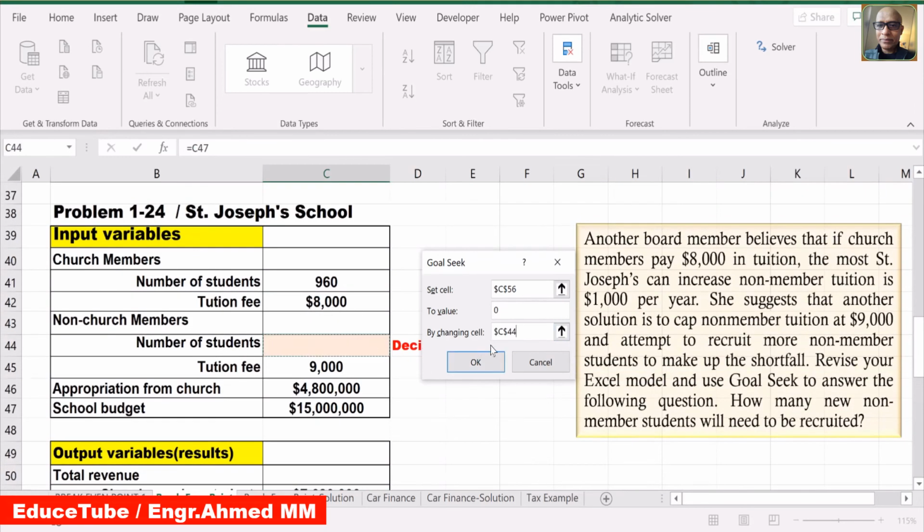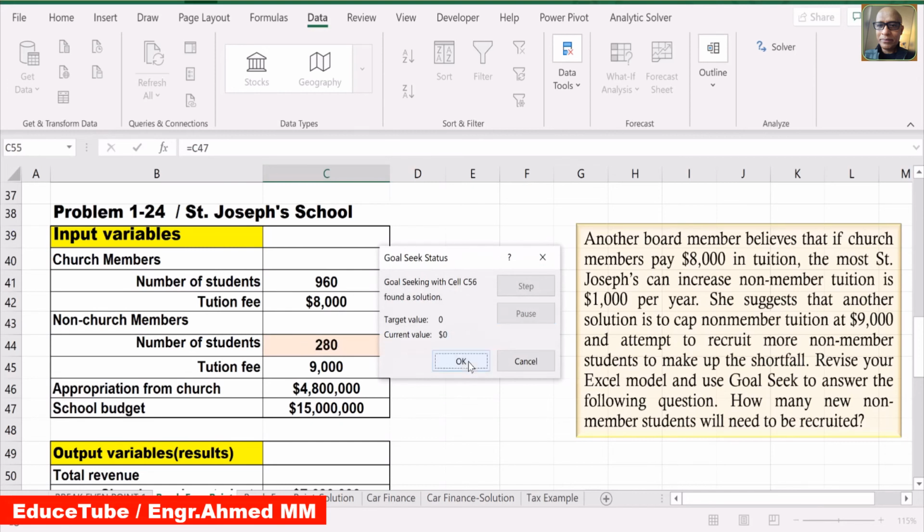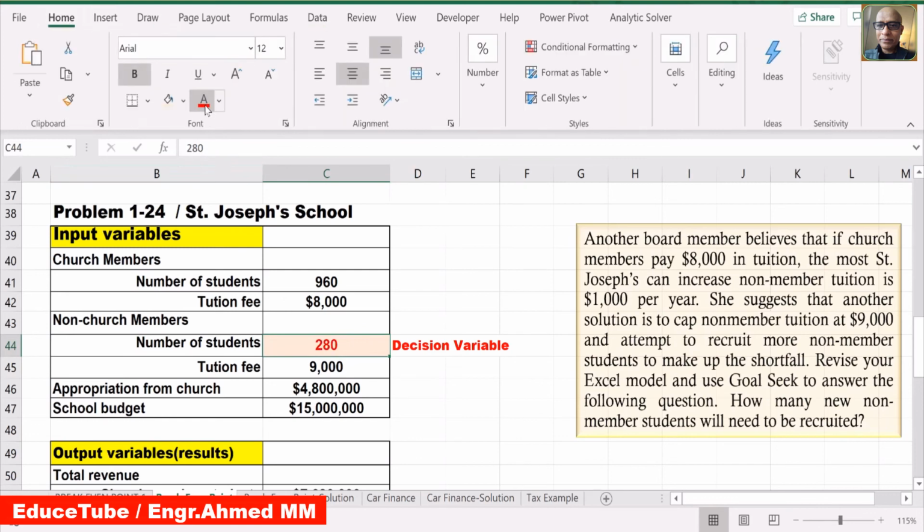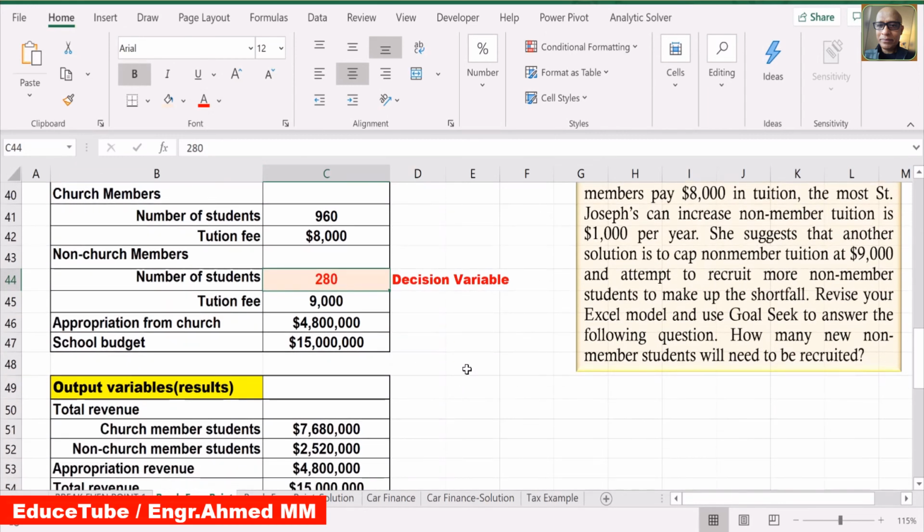Click here, selected C44, press OK. It is generating 280. So how many new non-member students will need to be recruited? A very clear answer: 280. Let me change the color of this. Number of students 280. So we solved the three problems using Goal Seek.